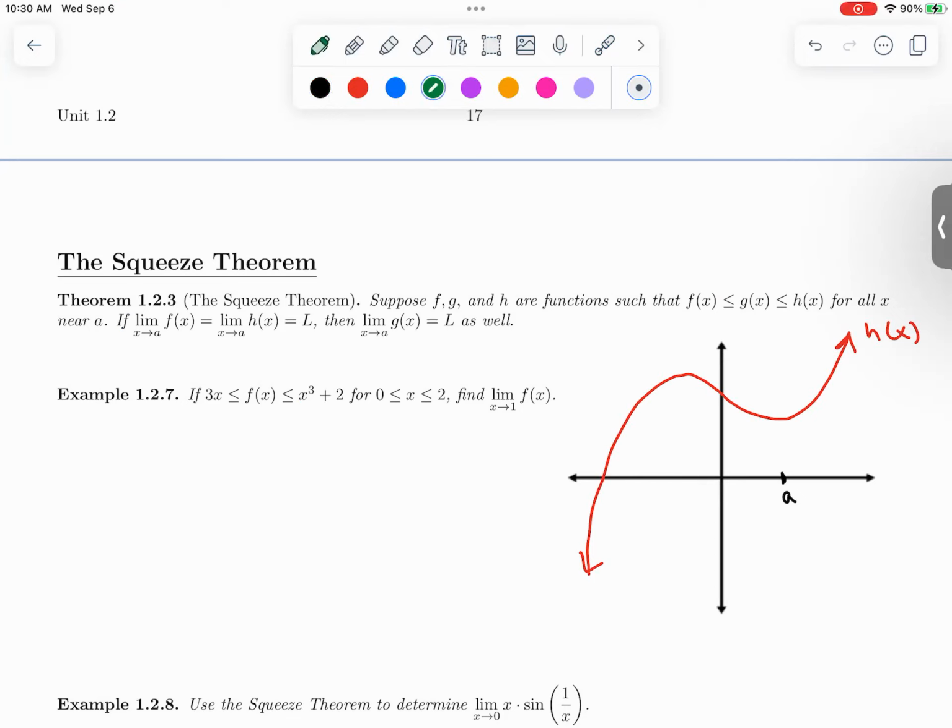Let's make g of x be a straight line that touches h of x right at a. So we're going to make g of x look like this. This is g of x. And then last but not least, f of x, we'll just make it into a parabola.